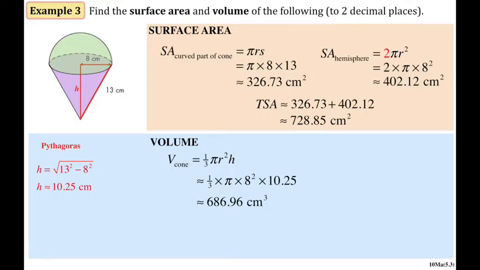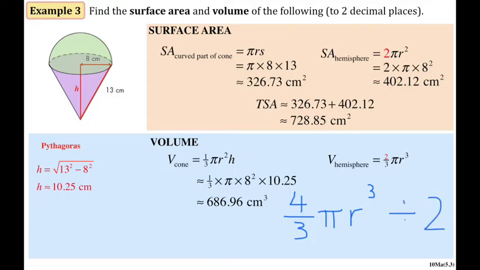Now we need to find the volume of the hemisphere, the half sphere. Now the formula for the volume of a sphere is 4/3 pi r cubed. So I could use that formula and then divide by 2 because it's half of a sphere, or I could do what I've done here and say half of 4/3 is 2/3.